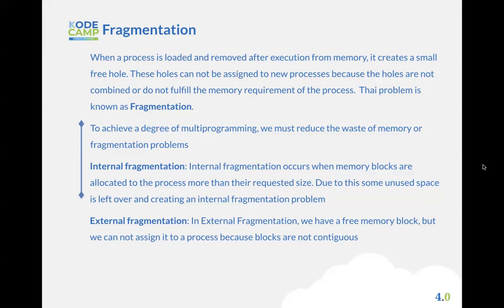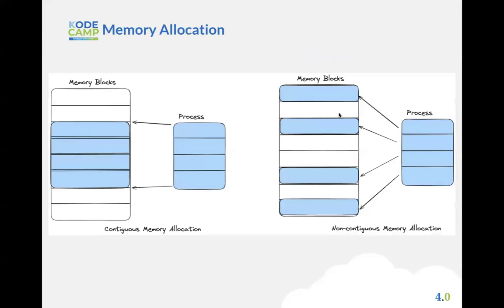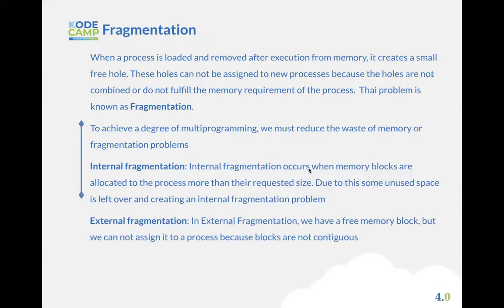In external fragmentation, you have free memory blocks, but they cannot be assigned to processes because the blocks are not contiguous. They're not in the same place. Contiguous means that it's one after the other. The locations are not simultaneous, right?